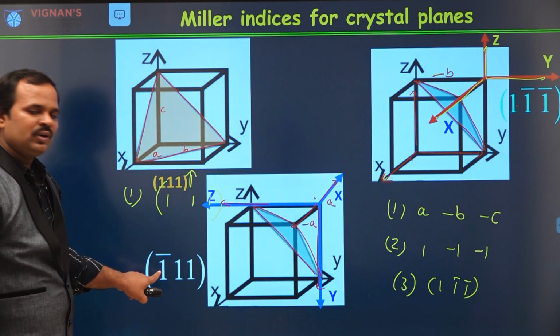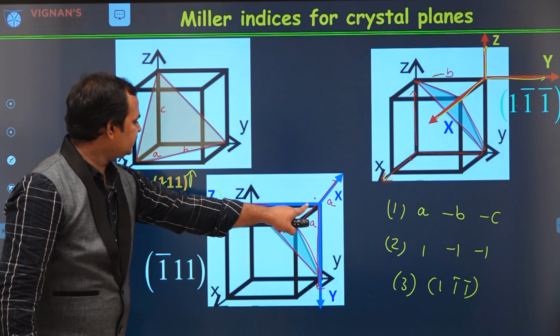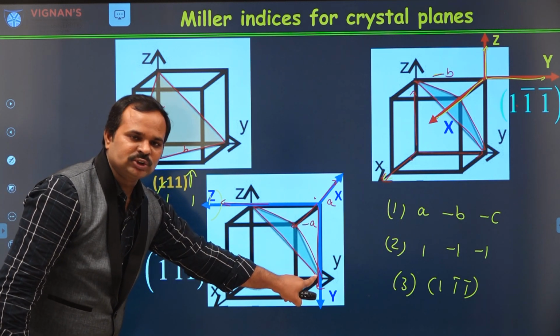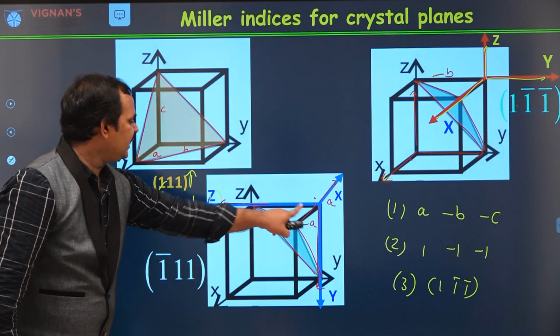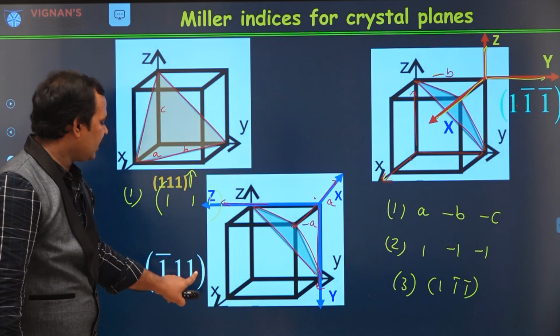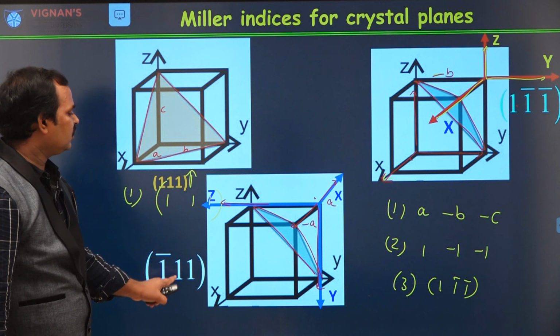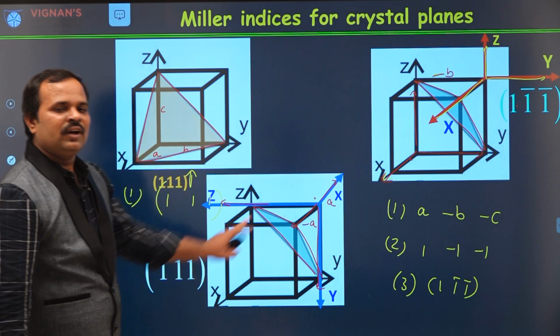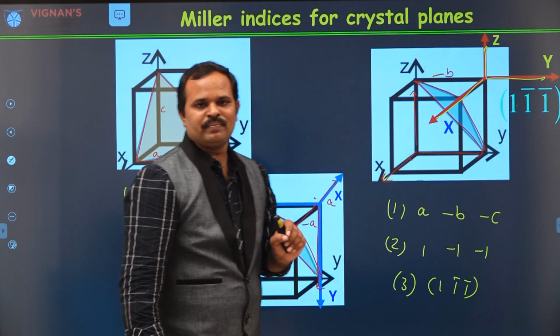That is the reason why you have a 1 bar. And you can see this is the y-axis. The plane is intercepting along the positive y direction, so we have 1. And the plane is intercepting along the z-axis positively, so we have 1. So 1 bar, 1, 1. For the same plane, we have 1 bar, 1, 1 and 1, 1 bar, 1 bar.